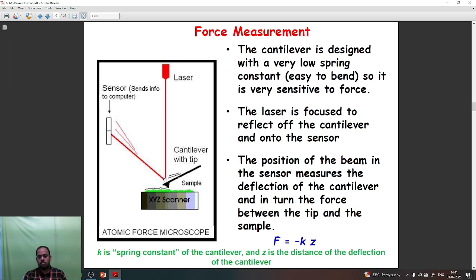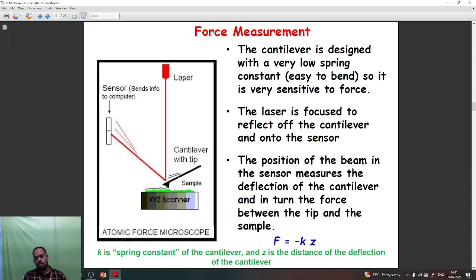Such a very sensitive tool is placed in the AFM instrument. The laser is focused on the top of the cantilever, and the deflected beam will be monitored through the sensor.